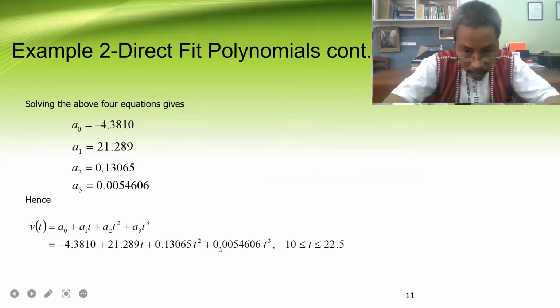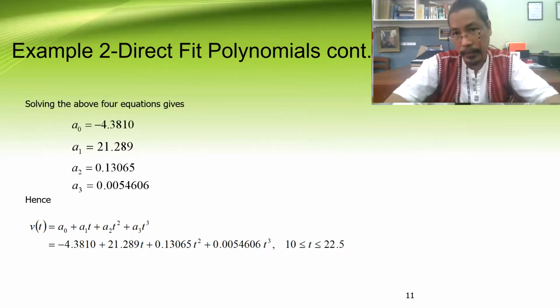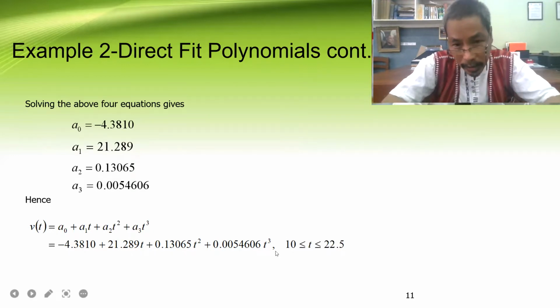If time is equal to 0, the value is negative 4.3810. And that is not correct. Why? Because that is not under the valid region. The supposed value of our function at time equal to 0 is 0.